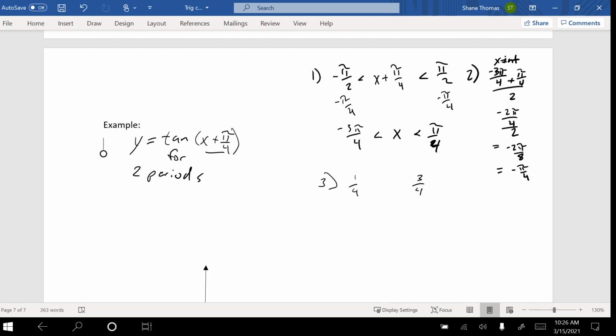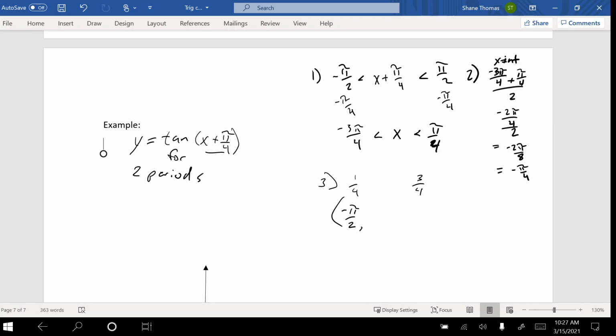Okay, and then here, quarter pi, add a quarter pi to that, that gives me 0. So this would be my 1/4. This would be my 3/4. Okay. So my quarter would be negative pi over 2. And the value there would be the negative of my a term.